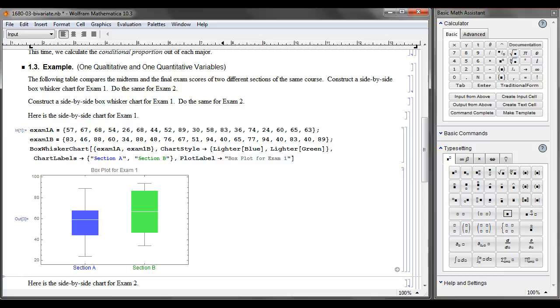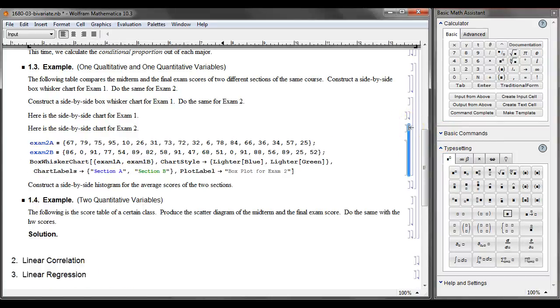So the blue one is section A, box whisker chart. So we have minimum, first quartile, median, third quartile, and maximum. And then for green, which is section B, we have minimum, the lowest, and then first quartile, median, third quartile, and then finally maximum.